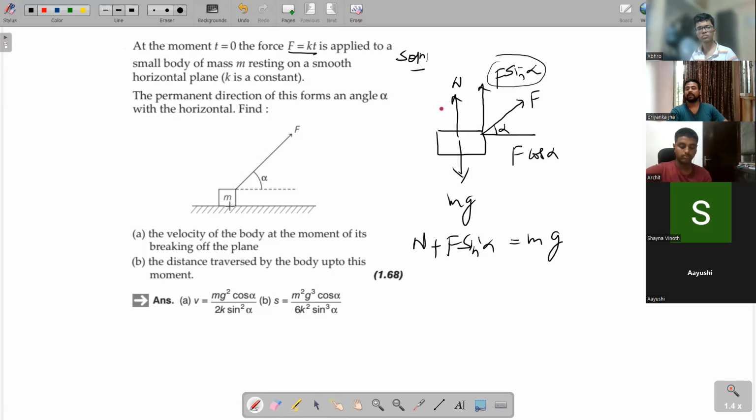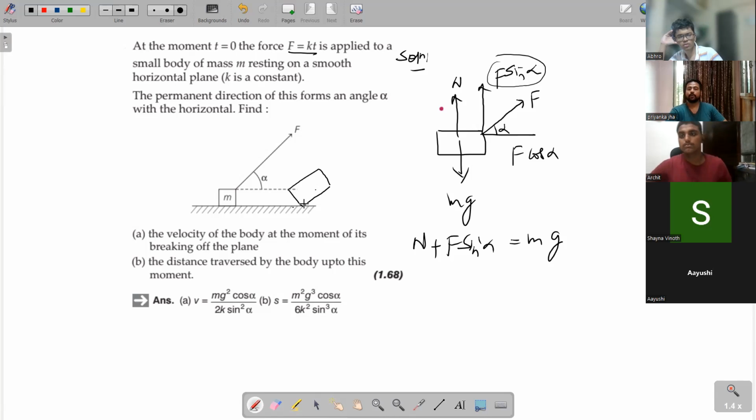There won't be any contact between this block and the surface. The block will start flying like this. This force will lift the block, and there won't be any contact between this surface and the block. It means the contact will be broken, right?